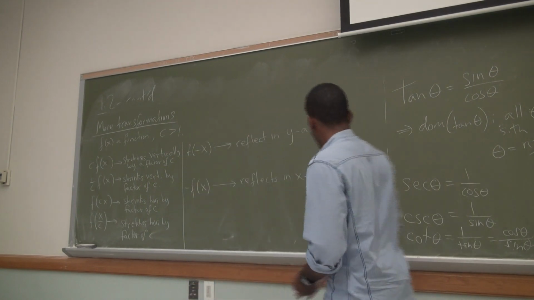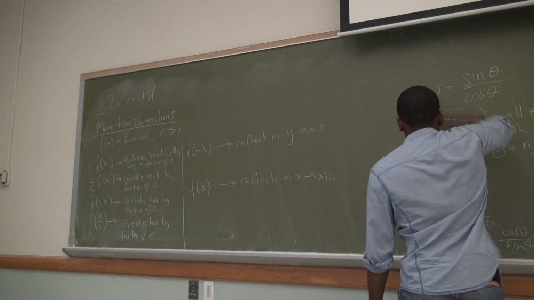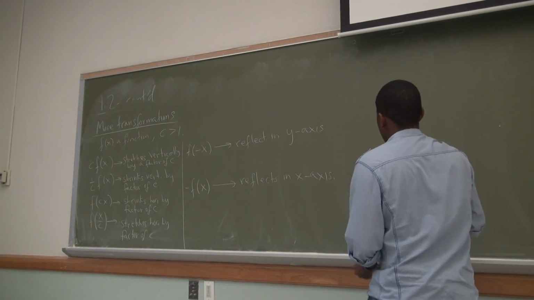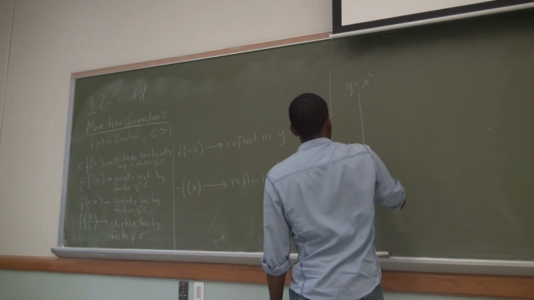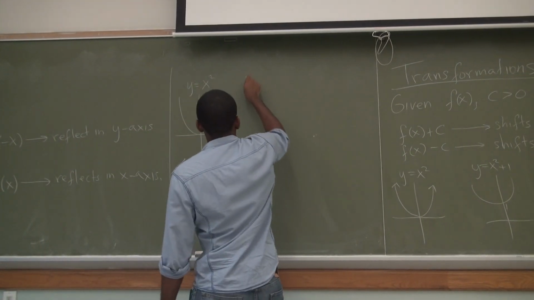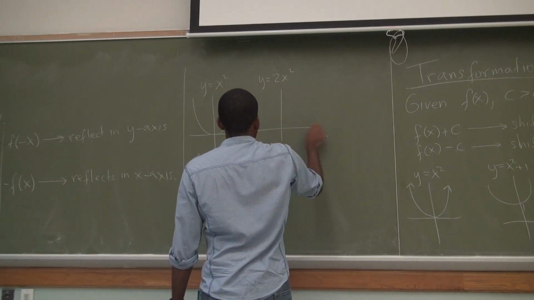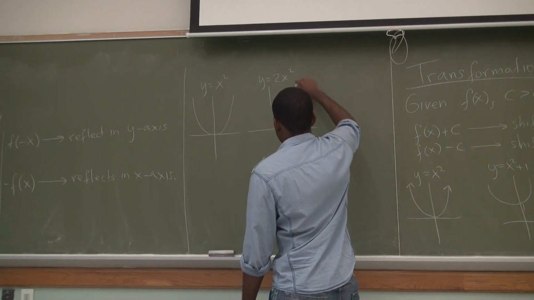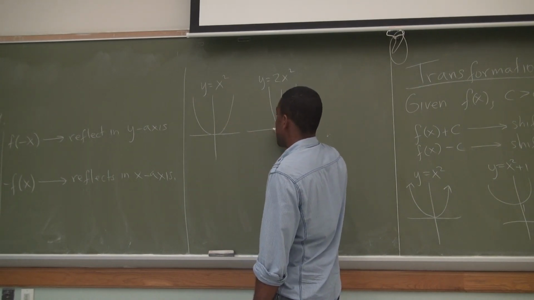So again, if your y equals x squared, let's say it looks like this, then y equals 2x squared would look a lot skinnier, right? Because when you're over here, you only rise this much, but when you're there, you rise even higher.